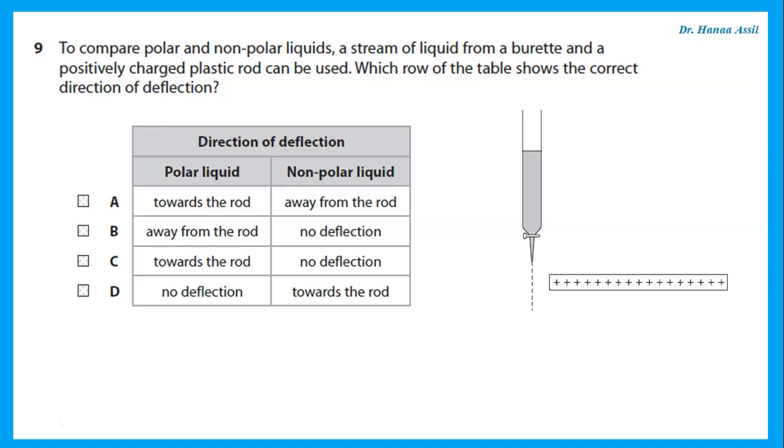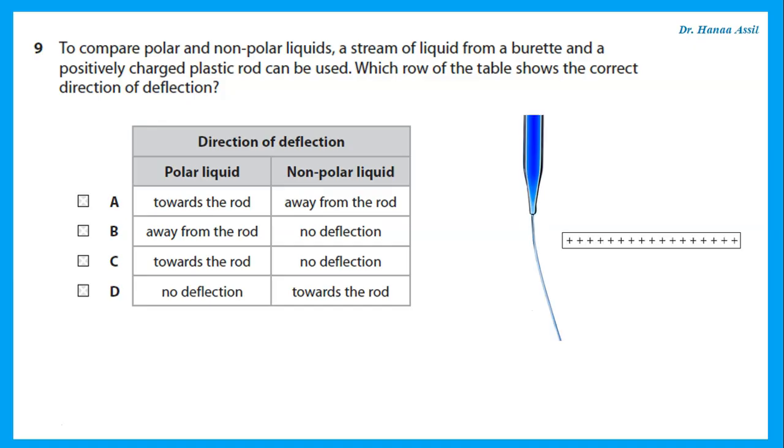We said we can put it in a burette, open the tap, allow a stream of the liquid to come down, and bring a charged rod next to it. Now, how do we know if something is polar? If it's polar, it will be deflected, and it will be deflected towards the rod. If it is nonpolar, it will just go down straight, no deflection.